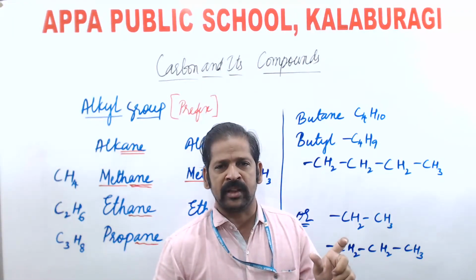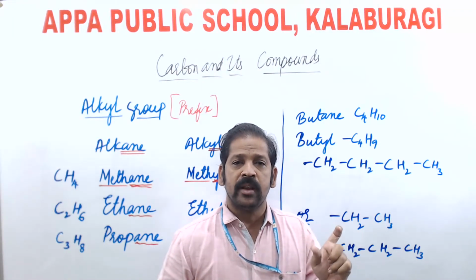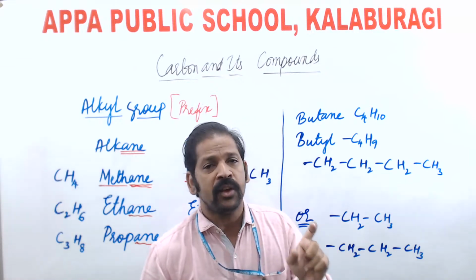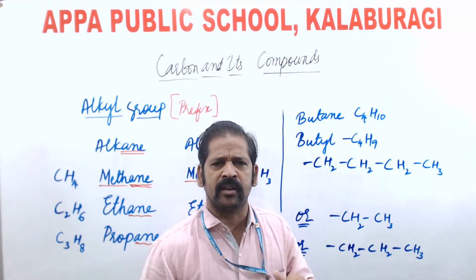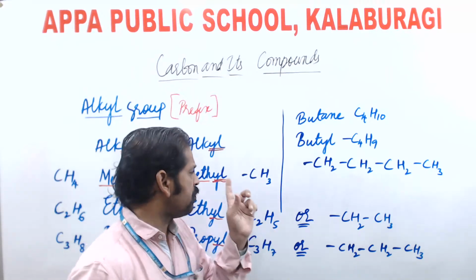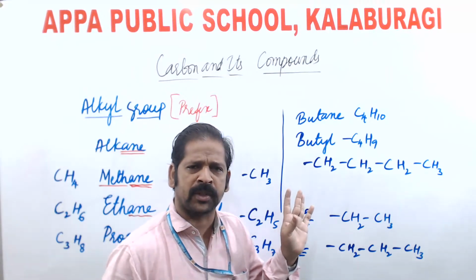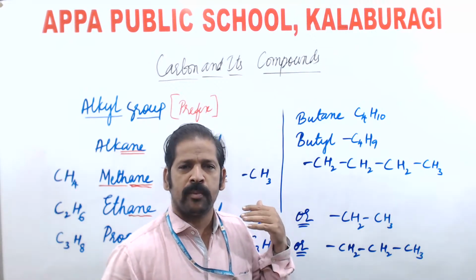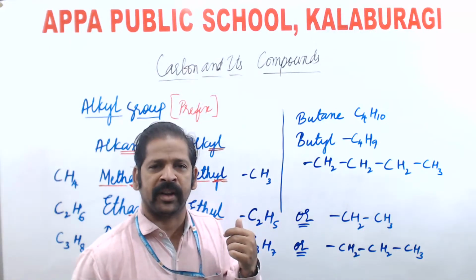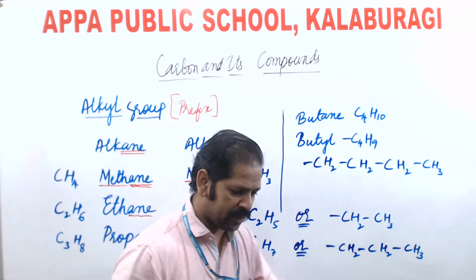Butane and isobutane, two structures. Pentane, isopentane, neopentane. Hexane names will be a bit different. There you can learn methyl, ethyl, all the groups. Even you have to show the positions also. Position of chemicals also have to be shown here. I'll show it now here.